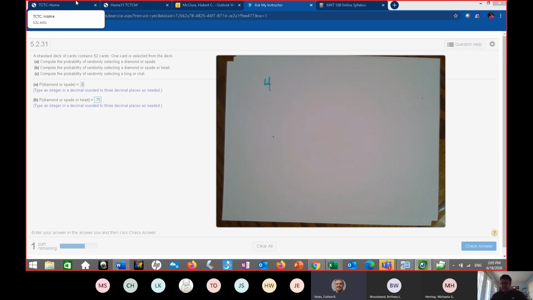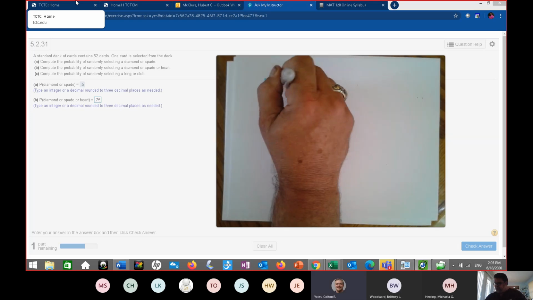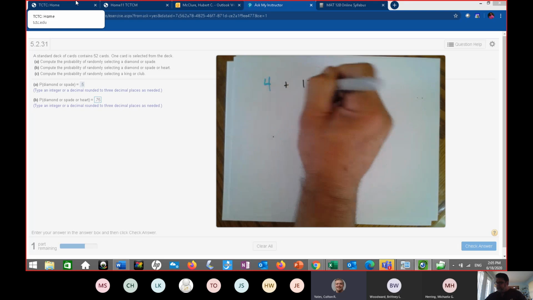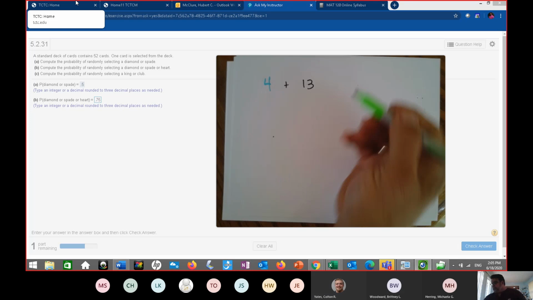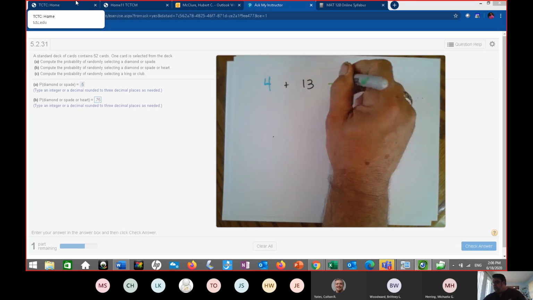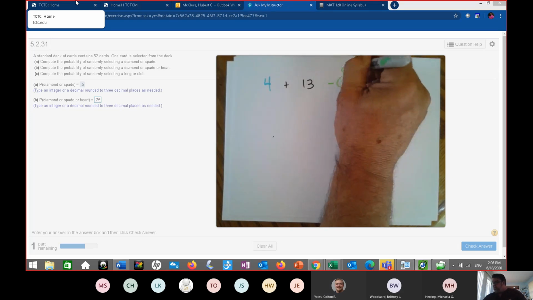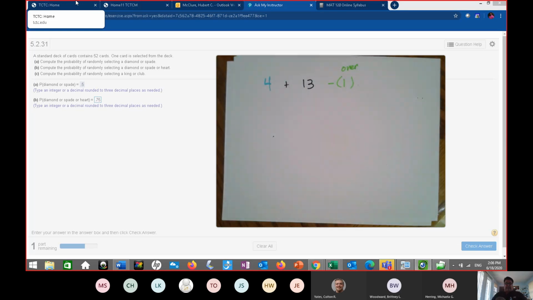And then how many clubs? 13 clubs. Is there an overlap between a king and a club? Yes, there is an overlap. There's one overlap, because there's one king that is also a club.